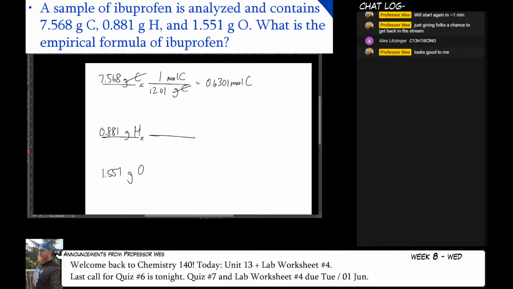All right. We're going to do the same thing for hydrogen here. 1 mole of hydrogen is 1.008 grams of hydrogen. I get 0.874.